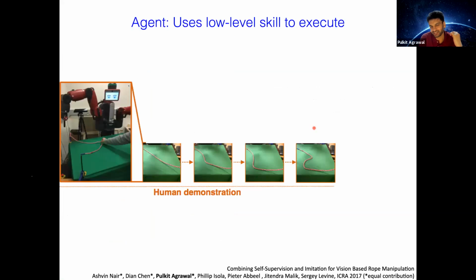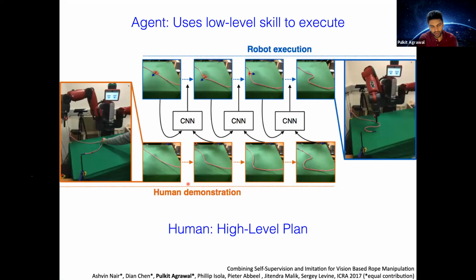But the takeaway over here is that a human provides a demonstration, which is essentially a high-level plan. And because the agent has a model of how the world works, it can leverage this model to execute a sequence of actions which can complete the task. So in a way, having some model of how the world works can also help us learn better from videos or from demonstrations that have been given.